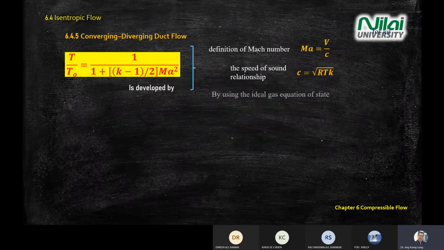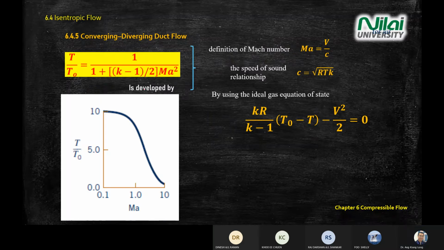The rest you can find on the screen, and you have the more complex T ratio equation: T divided by T0 equals 1 over 1 plus (k minus 1) divided by 2 times Mach number squared. Then using the T ratio, you can find the pressure and density ratio using the conversion.